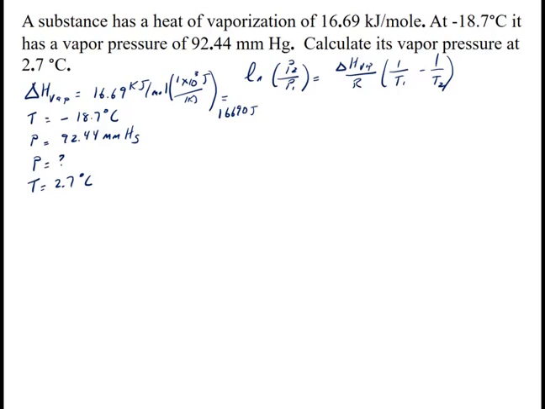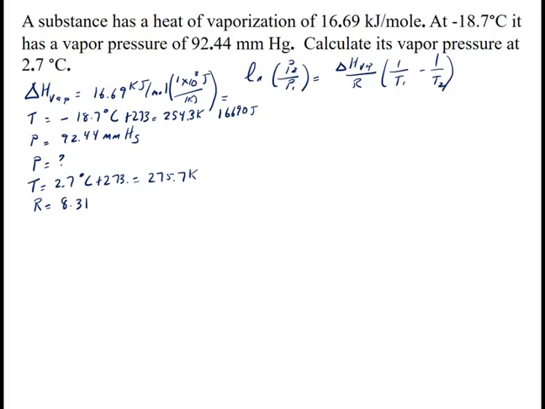The temperature has to be in Kelvin, so I'm going to add 273 to this, and I get 254.3 K. This also has to be in Kelvin, so I'm going to add 273 there, and that gives me 275.7 Kelvin. And this R here is the gas constant of 8.31. It's a constant.